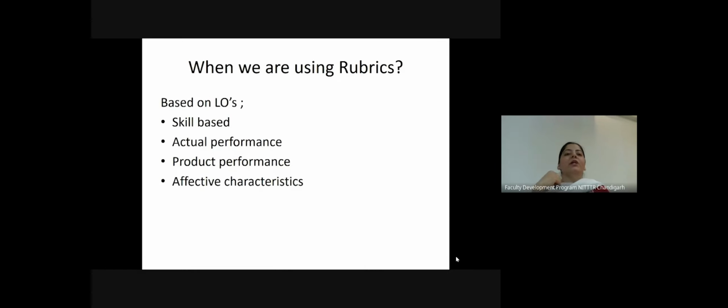Next question आता है, when we are designing rubric, on what basis we are designing that tool? So it is always based on the learning outcome. आपके subject की learning outcome क्या है. Say presentation skill for a project work may be of a different nature. Presentation skill for the class of communication skill is of different nature. Presentation in case of any topic from the syllabus assigned by the technical faculty is of different nature.